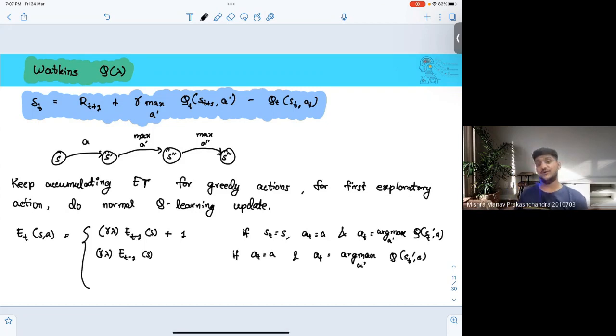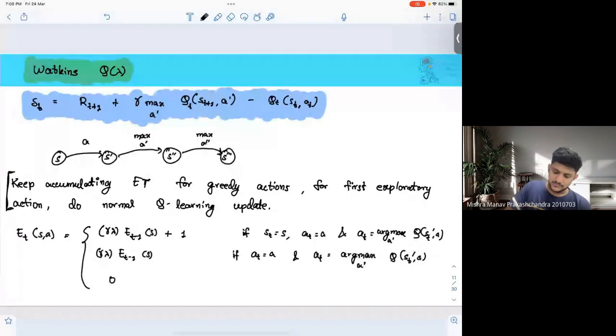For all other non-greedy actions, I just do the decay of the eligibility trace. This is what this line also mentions, so keep this in mind and see the math that I'm doing.